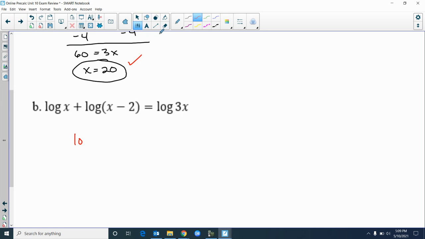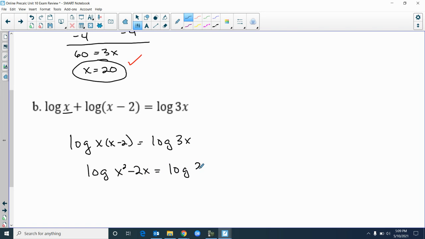So I'm going to condense this by multiplying x times x minus 2 equals log of 3x. And that becomes log of x squared minus 2x equals log of 3x.